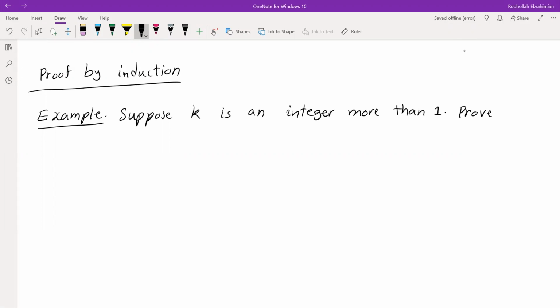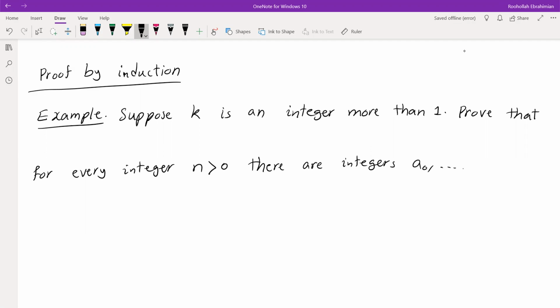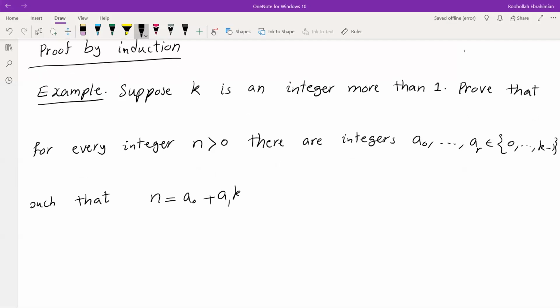Prove that for every positive integer n, there are integers a0 all the way to ar, such that they're all inside the set 0 all the way to k minus 1, such that n is equal to a0 plus a1k all the way to ar k to the r.